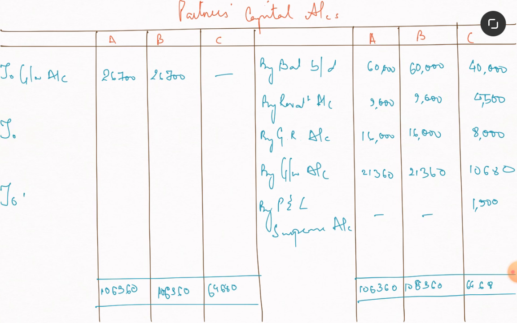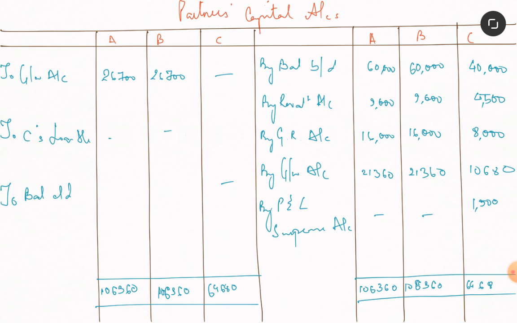So to balance carried down, only for our continuing partners A and B. C will be getting a loan account. So to C's loan account. Alright, so let us now calculate the balancing figure.